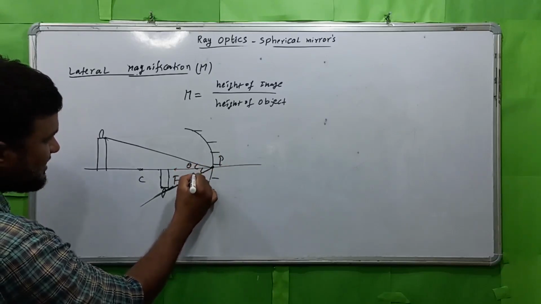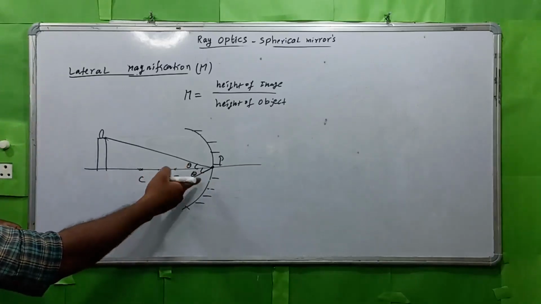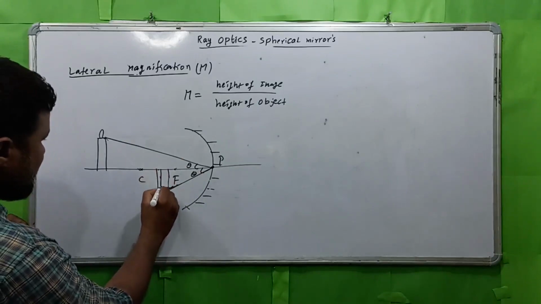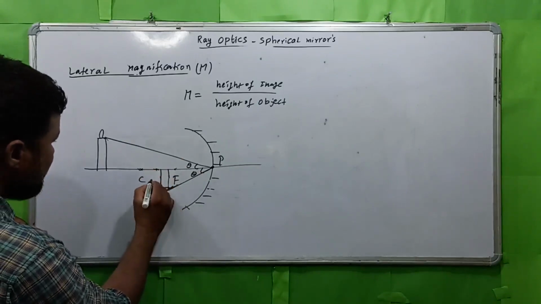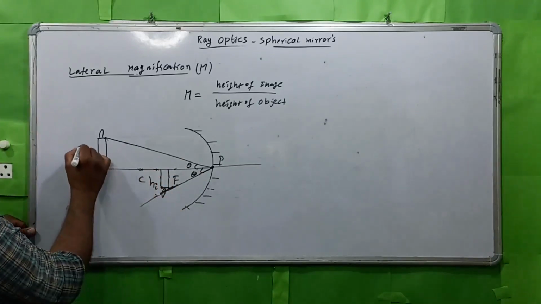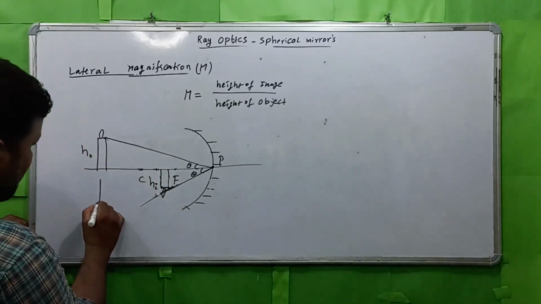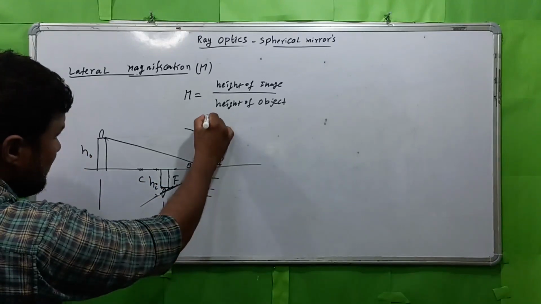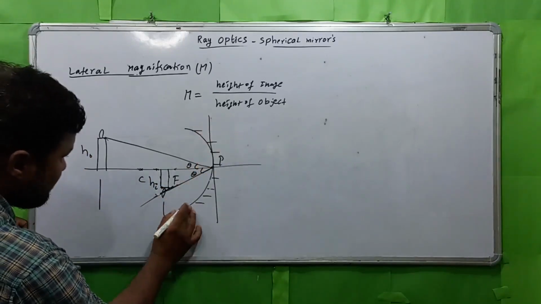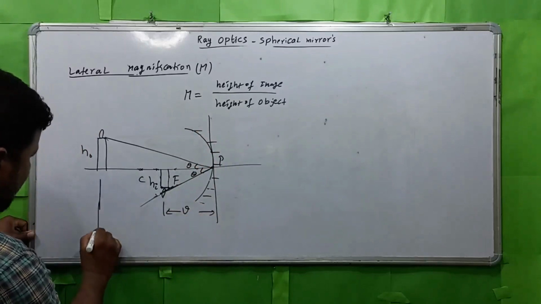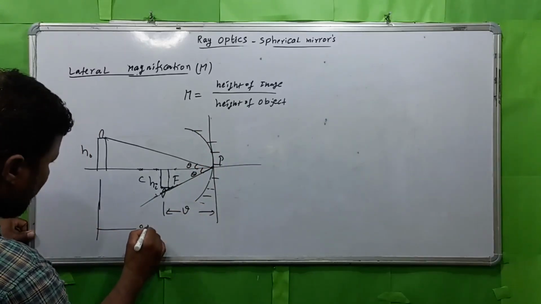I will go with theta, angle of incidence and angle of reflection. I got the image here. So this is the image, height of the image h suffix i, height of the object h suffix o. We can also observe that all distances are measured from the pole, this has to be image distance v, this has to be object distance u.